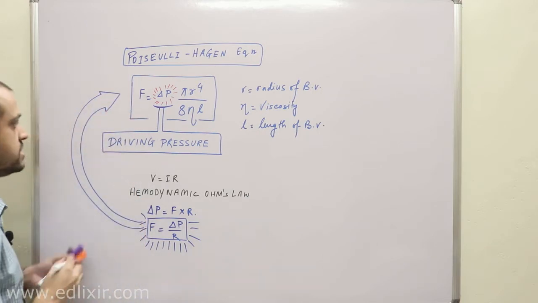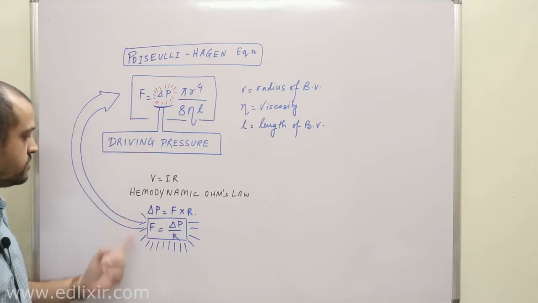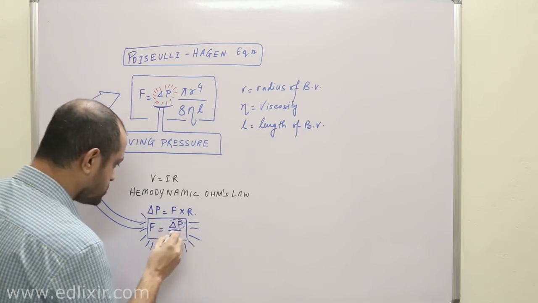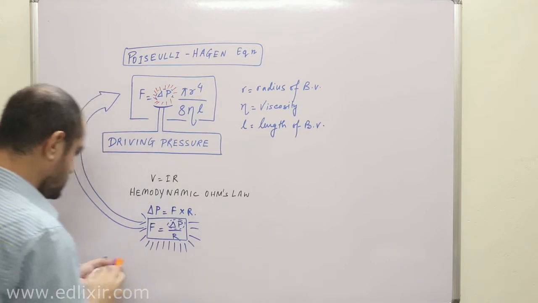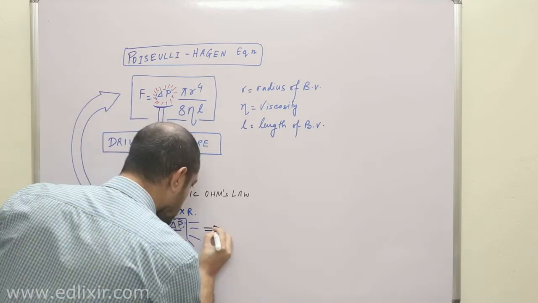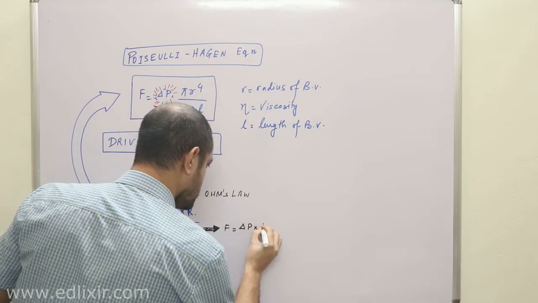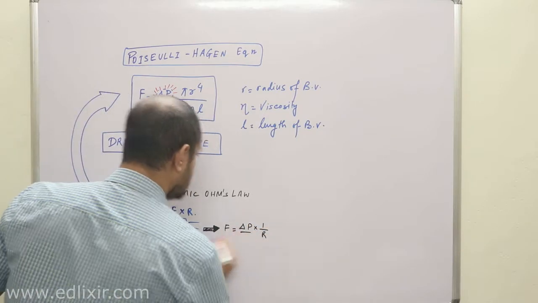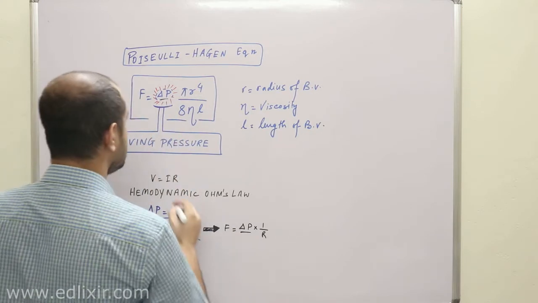If you compare these two equations, then you will understand that delta P is present here, and it is also present here. If you just break down like this, this was your delta P, this is delta P.